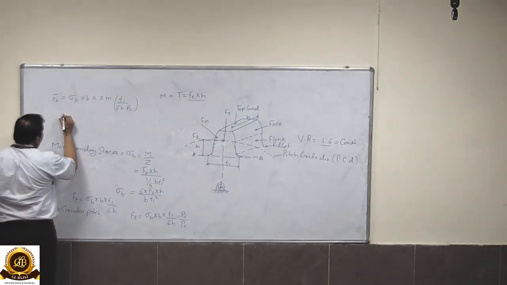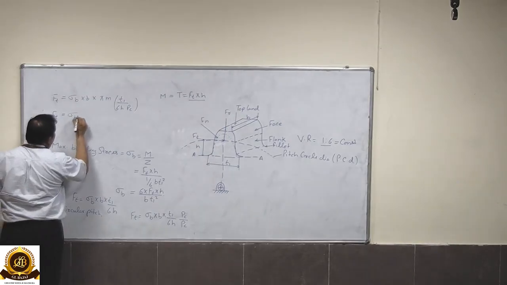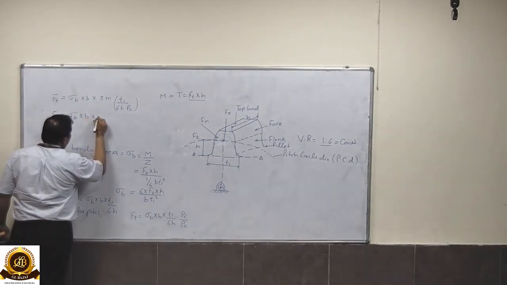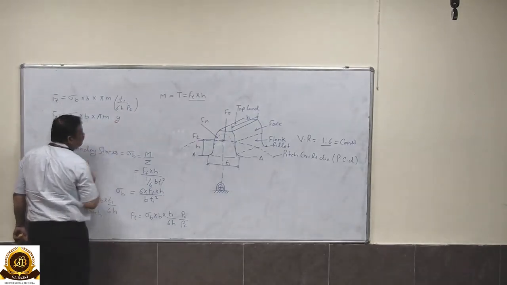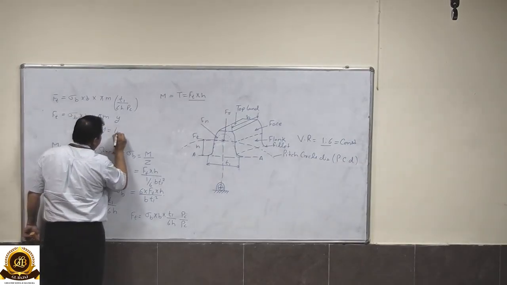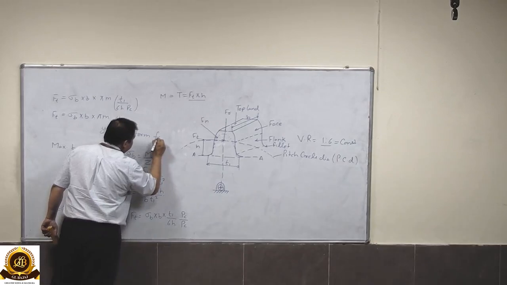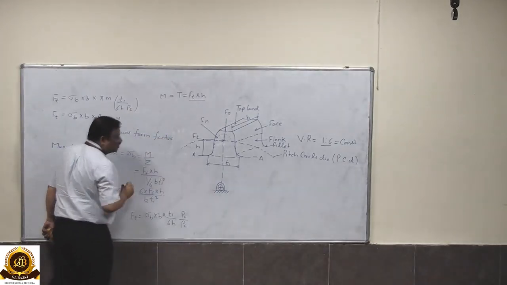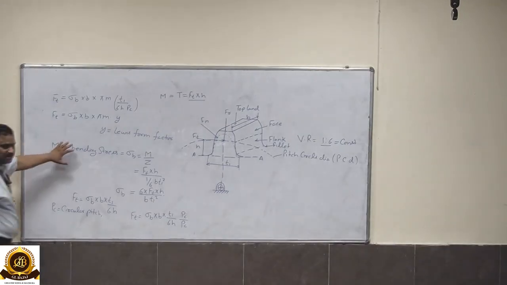So we can use this equation as sigma b multiplied by b into pi into m, and this value can be taken as a small y. Now this small y is the Lewis form factor, a dimensionless quantity, which depends upon the pressure angle and the number of teeth.